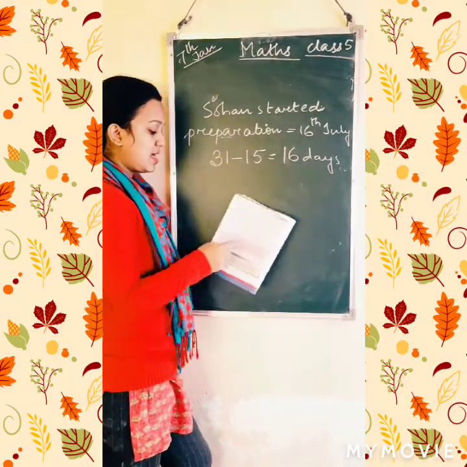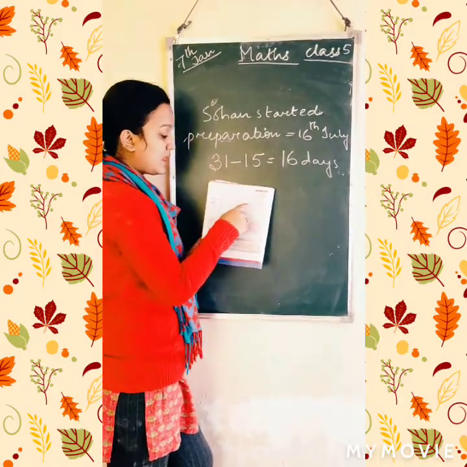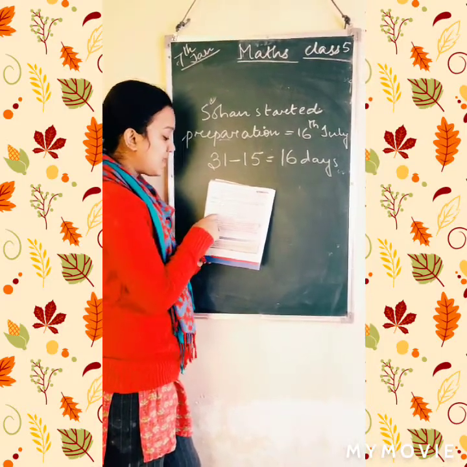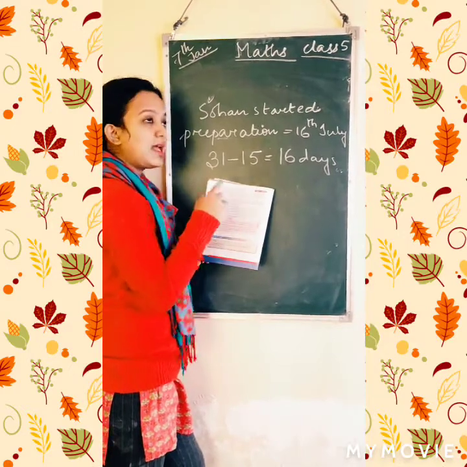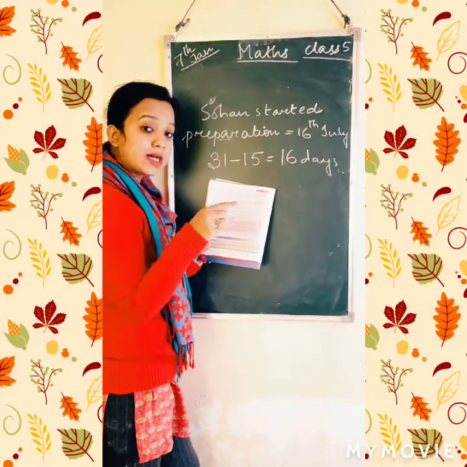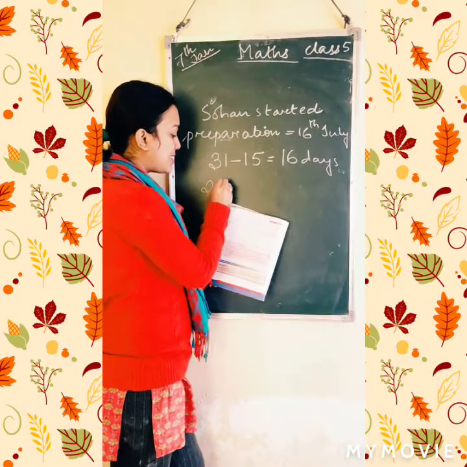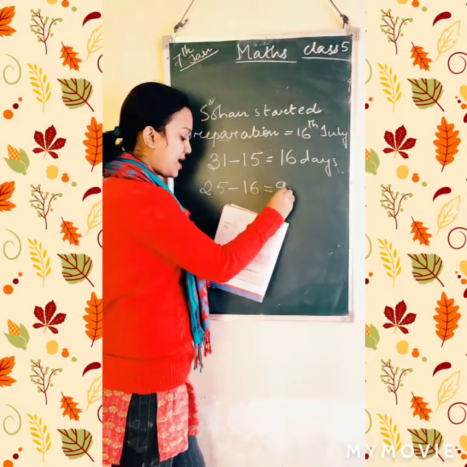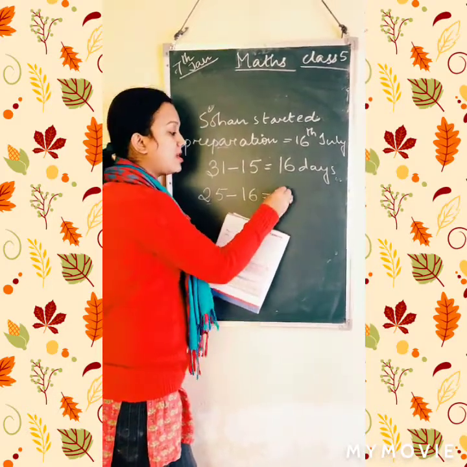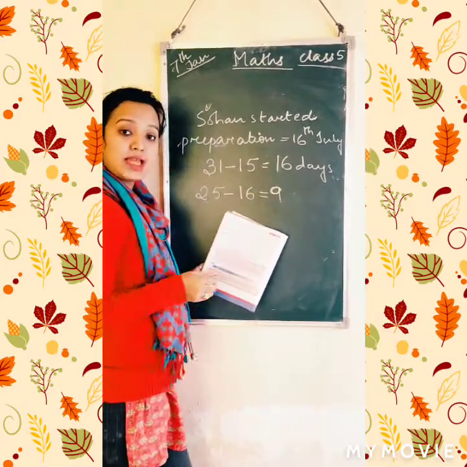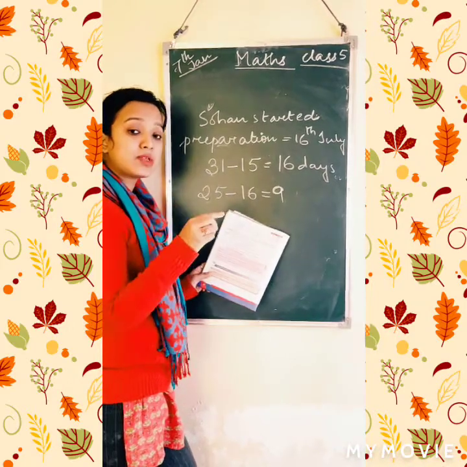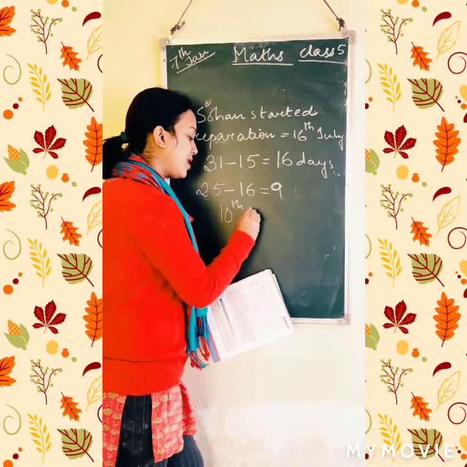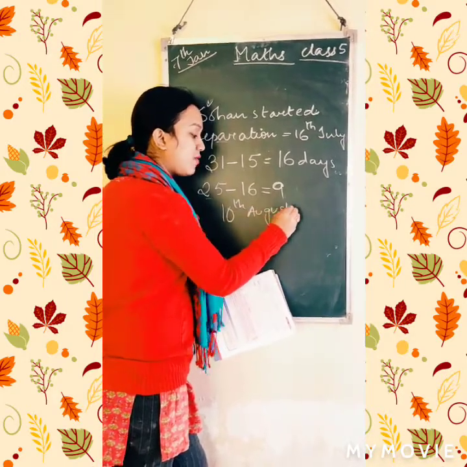Now his exam is scheduled 25 days later, so it will come in the month of August. So I simply do 25 minus 16, I get 9. So that means the 9th day of August, if I start counting from 1, then my 9th day will be 10th of August.